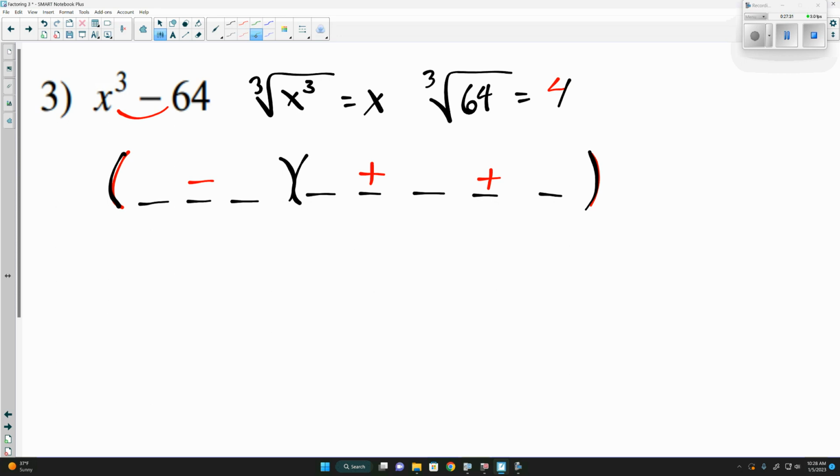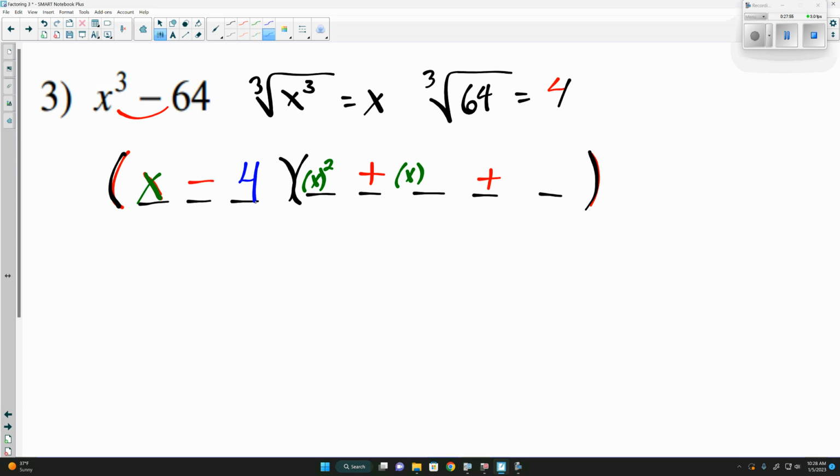Now we need to look at the first term. Well, we're going to have x, and the bigger one will have x squared, x to the first, and then no x. For our other term, in the first set of parentheses, we'll have 4 in that third space.